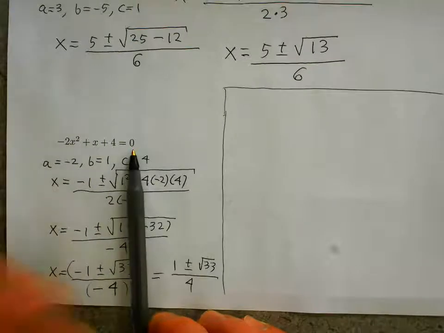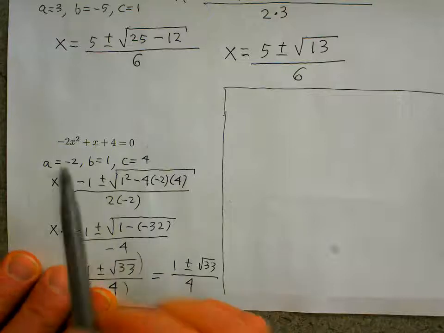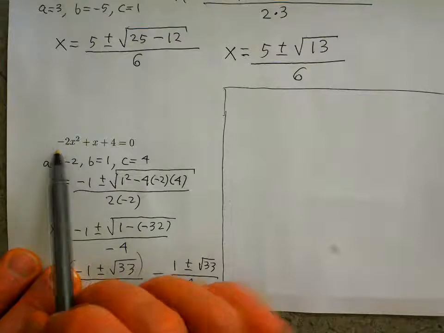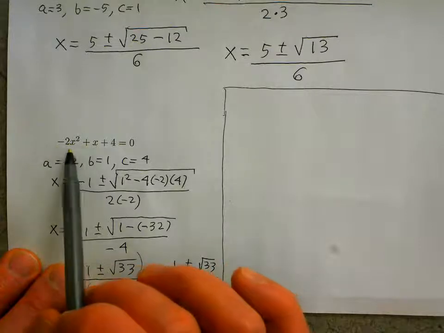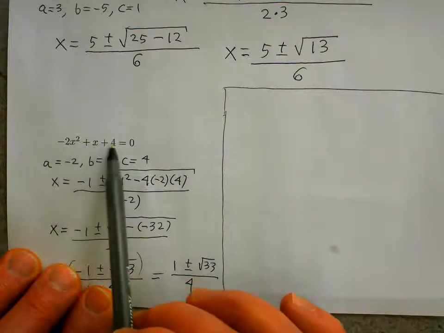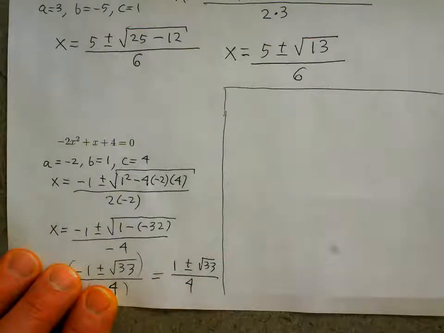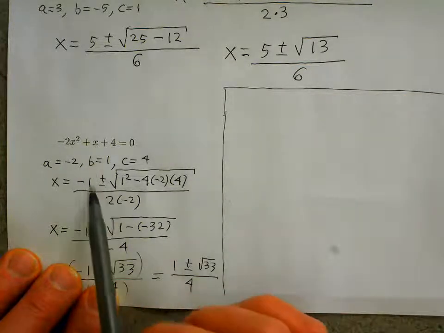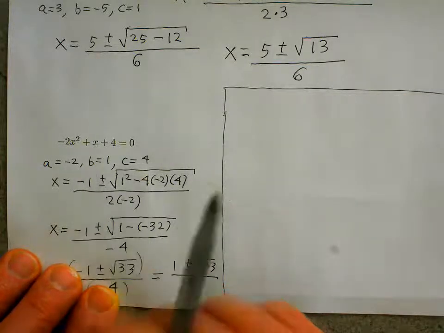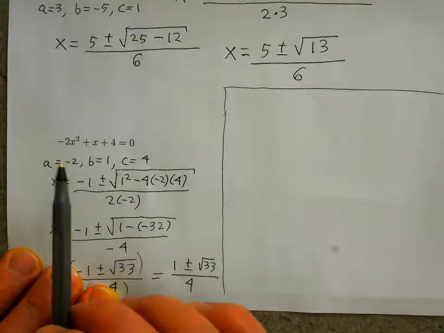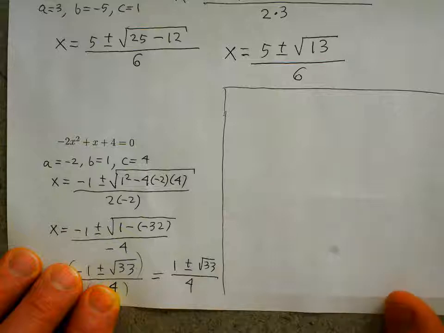So in my opinion, it makes the arithmetic a little bit easier if you start out, since the coefficient of x squared is -2, if we start out by multiplying every term on both sides by -1, the solutions to the equation will be the same, but without a negative leading coefficient, the arithmetic will be a little bit easier.